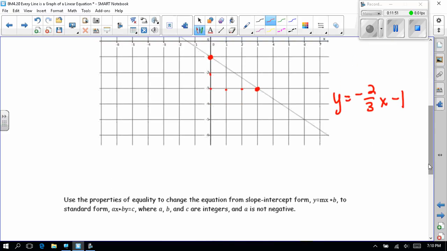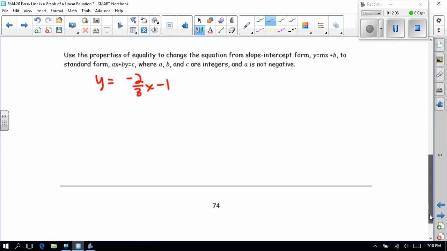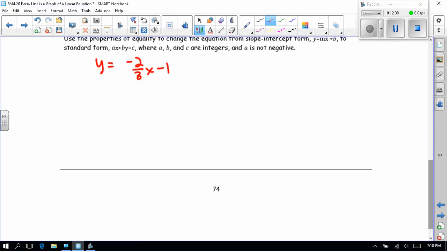Okay, if we're writing that in standard form, I want my x term on the other side of the equal sign, so I'm going to add 2/3 x to both sides.